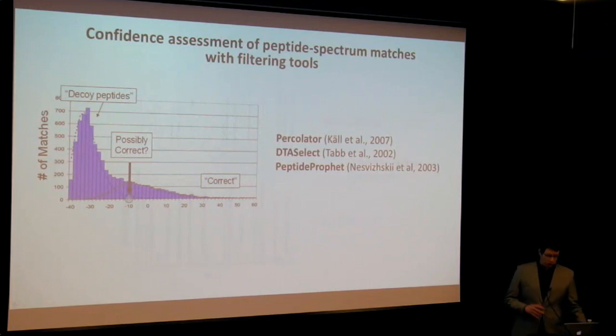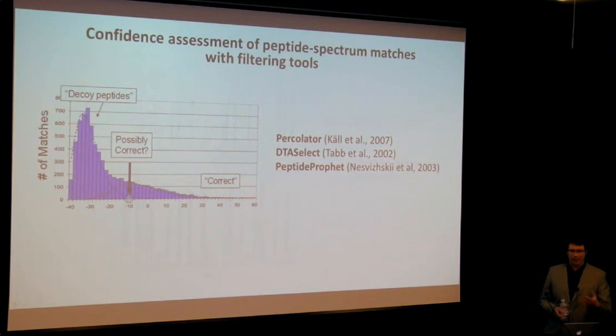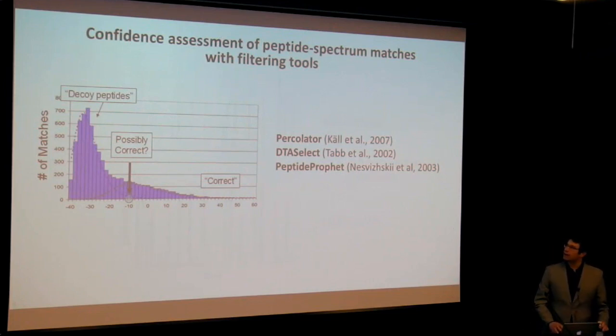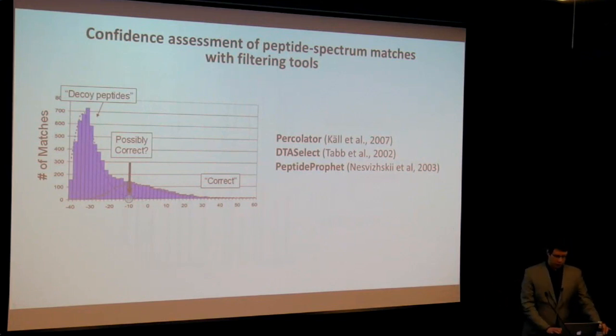And so we enter the machine learning world once we have an idea of what our false positives are and what are potentially our correct hits. A lot of tools were published in the early 2000s that use the target decoy database search strategy coupled with a machine learning tool.